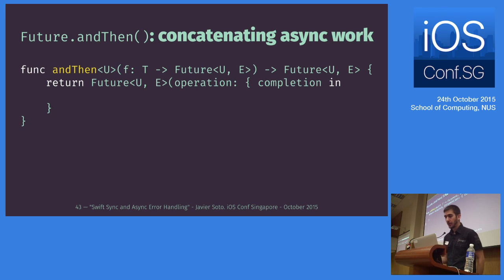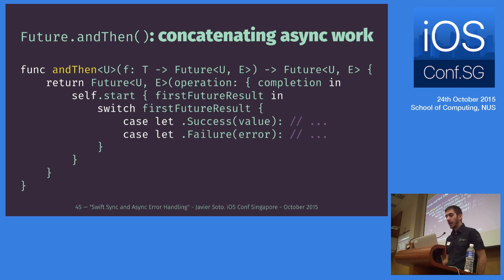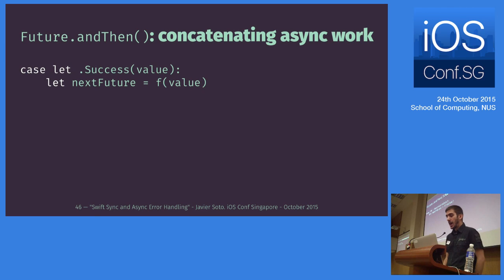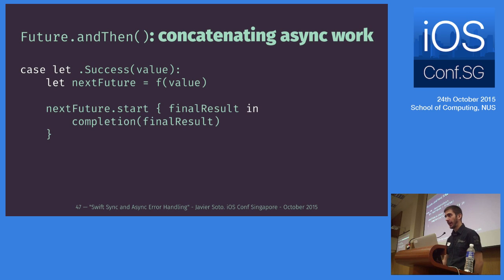And same as before, we can implement it by returning a new future, starting the initial one. We check for success or failure. And in the success case, now we call the f function, but what that gives us is not a new value. Now it's a new future. So we have to start it again.